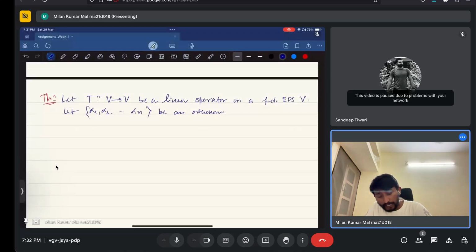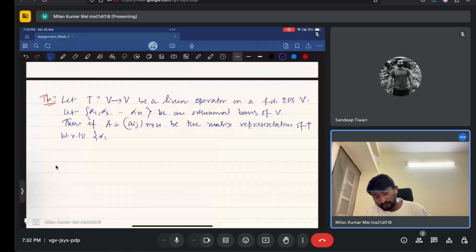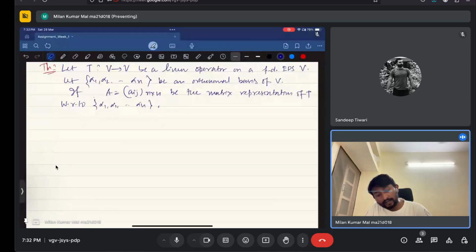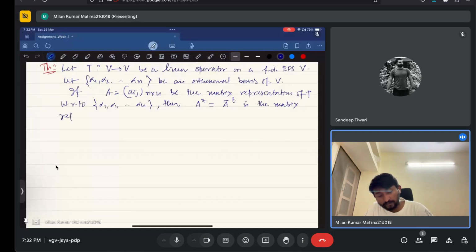Then if A equals A_ij, an n by n matrix, is the matrix representation of T with respect to the orthonormal basis alpha 1, alpha 2, all the way to alpha n, then A star, that is the adjoint, the conjugate and transpose, is the matrix representation of T star with respect to the same orthonormal basis.